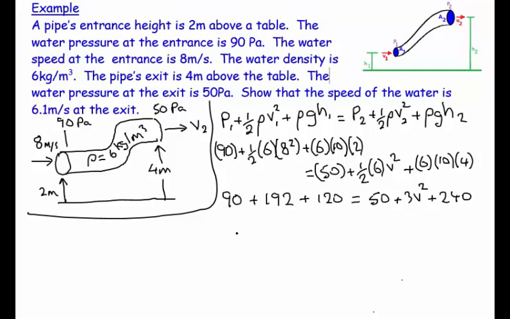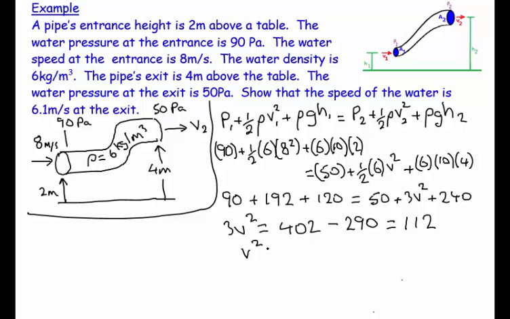So we can rearrange and say, well, 3v squared is going to equal, that's going to be 120, 210, 310, 402. 402 minus 240 and 50 makes 290, which equals 112.